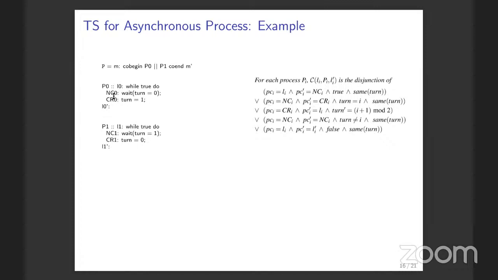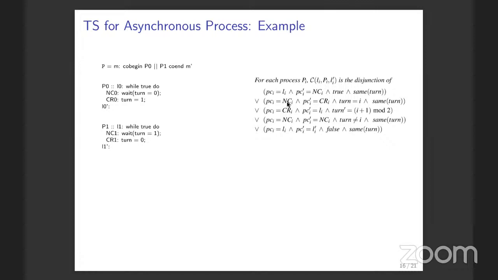Or if you are at the NC location, then if turn is equal to i, where i is 0 or 1, you will advance to the critical CR location, and none of the variables change.